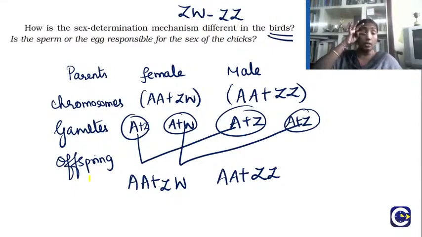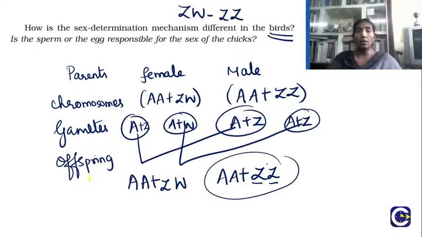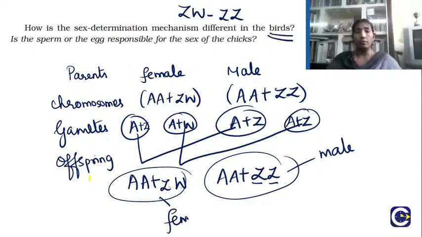So what you have to understand from here? If both gametes are similar, homogametes, then we call this to develop into a male. And in the case of Z and W, it is going to develop into a female.